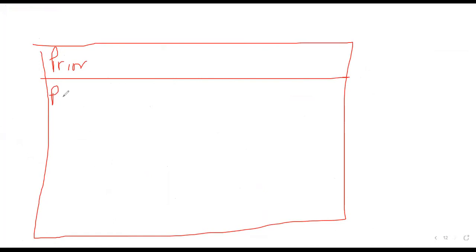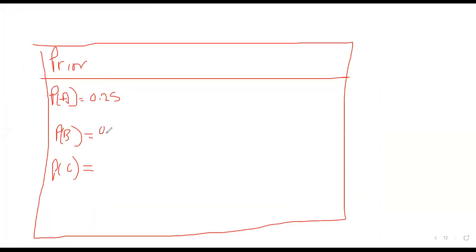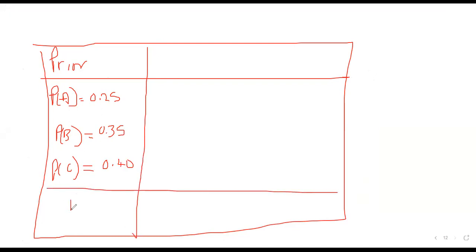Probability of A was what? 25%. Probability of B and probability of C. So A, we had 25%, B 35, and C 40%. So these prior probabilities must always add up to 1. Put 1.0 here.